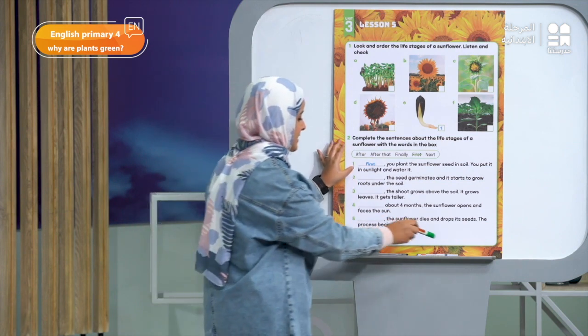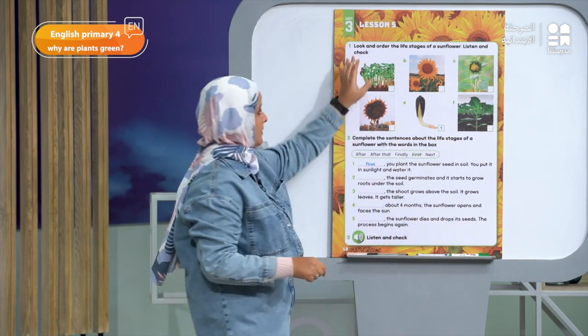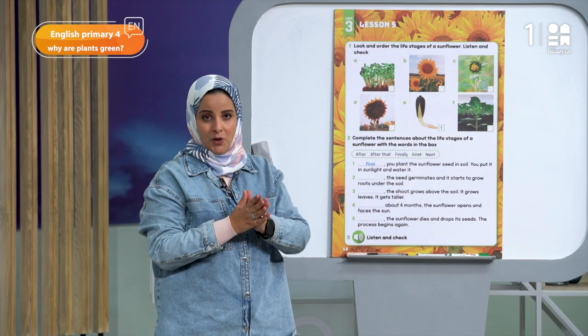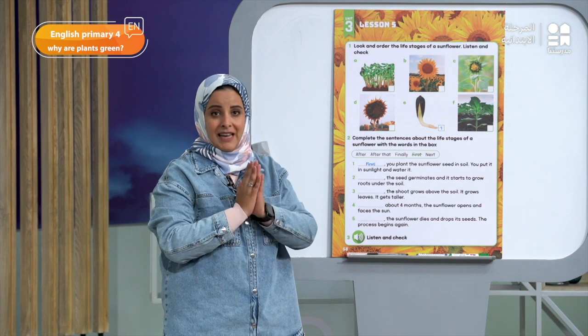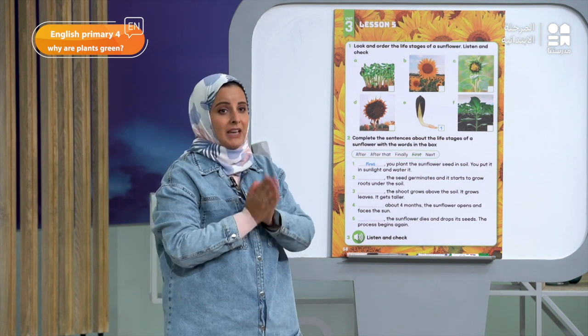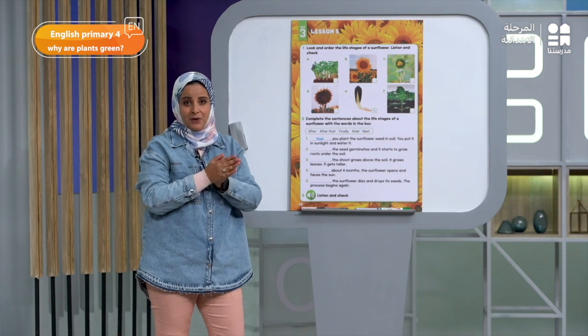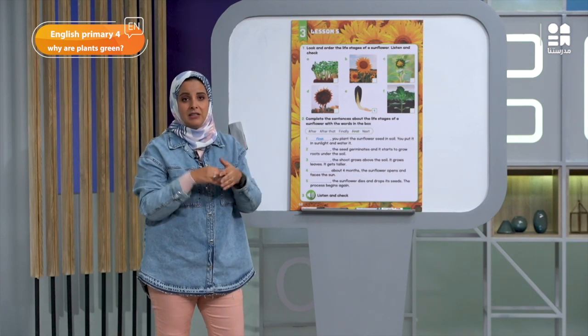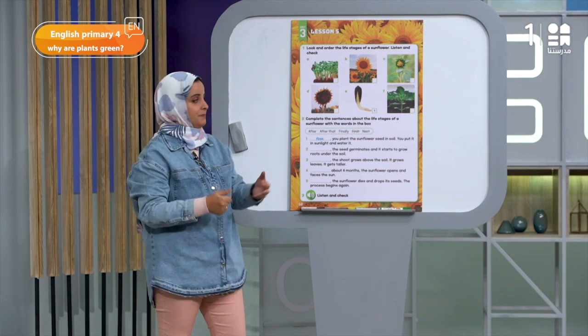Very good. Let's discuss the pictures together. Question number 1 says, look and order the life stages of a sunflower. Listen and check. Okay, so again one more time. Can you put the pictures of the life cycle of the sunflower in the correct order? Before we answer the question, let's discuss the pictures.